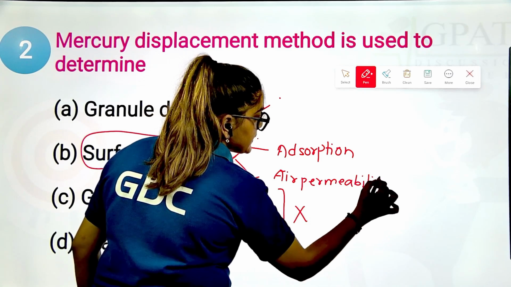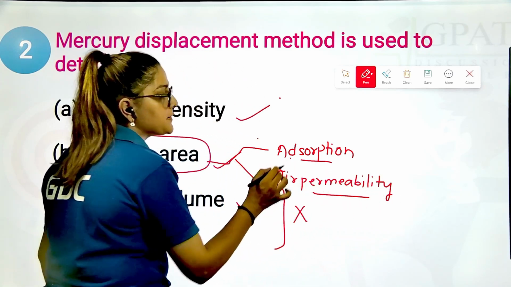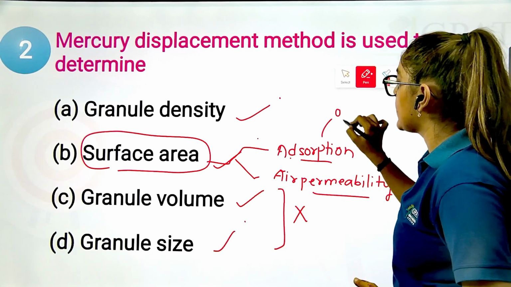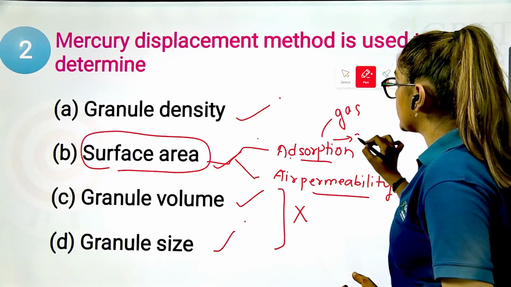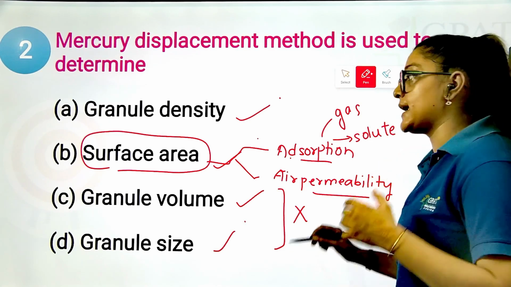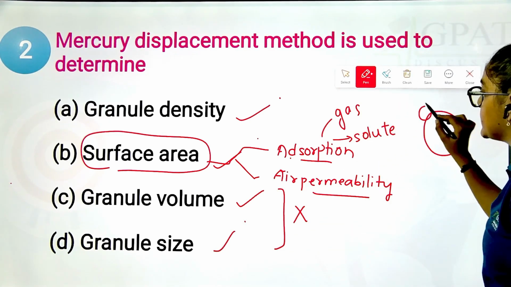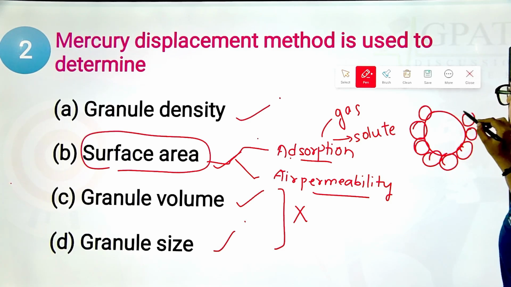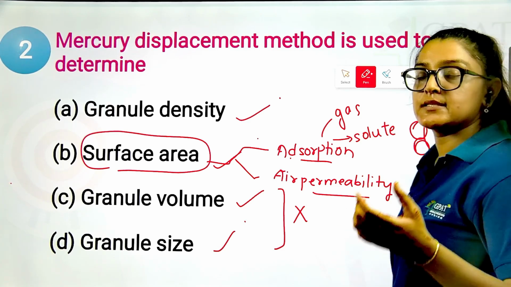Right. So in the adsorption method, what happens? We use a Quantasorb. Here we have a gas adsorption method as well, a solute adsorption method as well. So the amount of gas which is adsorbed over the surface of the adsorbent is found out, right? And the equipment that is used is the Quantasorb.